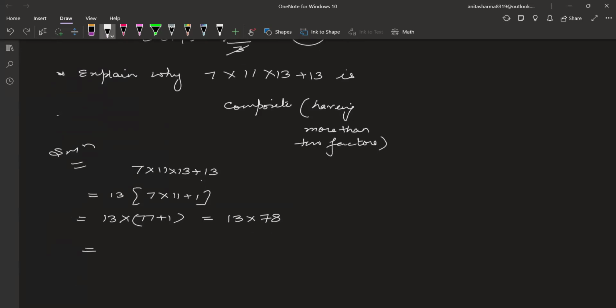Now make the factors of 78. So it will be 13 into 6. Further, we can factorize it: 13 into 13 into 2 into 3. So it means that the given number is divisible by 13.